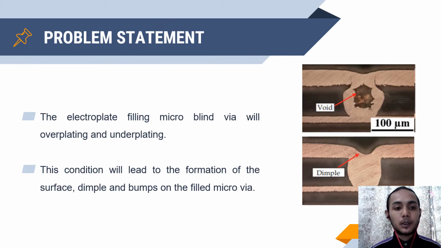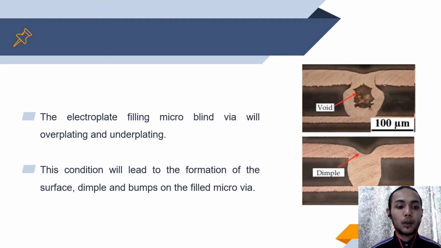There are two problem statements, which are the electroplate filling microblind via will overplating and underplating. Next, this condition will lead to the formation of the surface dimple and bump on the filled microvia. During the electroplating filling process, if the parameters used are not at the optimal level, the electroplate microblind via filling will overplate or underplate.